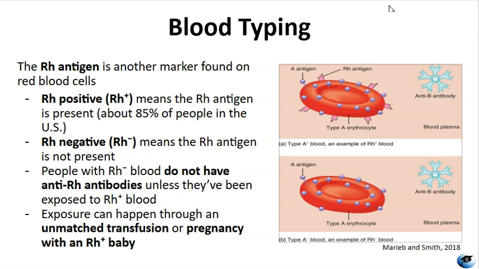And people with Rh negative blood do not naturally have anti-Rh antibodies. However, they can develop them if they're exposed to Rh positive blood. And this exposure can occur during an unmatched blood transfusion, during pregnancy, or if an Rh negative mother carries an Rh positive baby. The Rh factor is important in blood transfusions and pregnancy care, as mismatches can cause serious immune reactions.